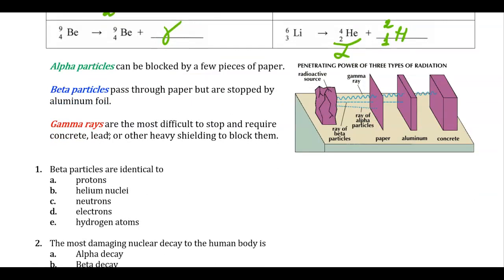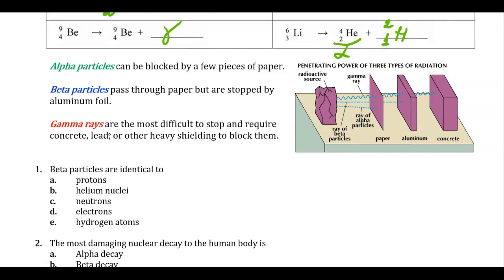the penetration power of these three types of radiation is different. The least harmful is alpha decay, alpha radiation, alpha particle. It can be stopped by a piece of paper. So it's very easy to stop.